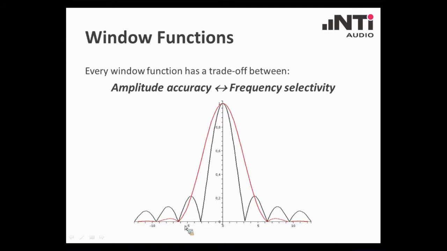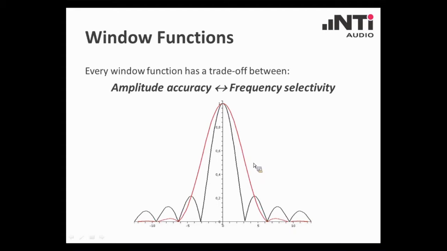What does that mean? If we look at the red curve, for instance, the red curve represents a specific window function. You can see here that it damps the side lobes very strongly. So we have almost only this central lobe representing the fundamental frequency of our input signal. And the smearing effects, the leakage effects, are reduced to a very low level here in the side bands.